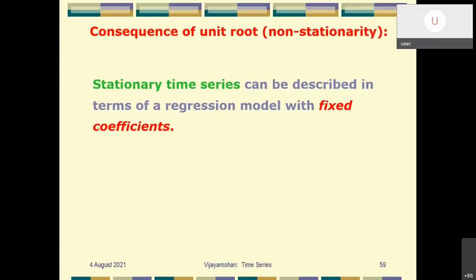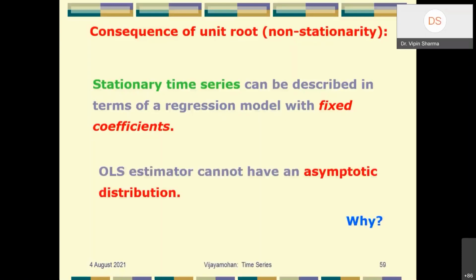Now let us see the consequence of unit root. Why non-stationarity is a problem in regression. Now we know that a stationary time series we can express in terms of a regression model with fixed coefficients. So the coefficients are to be considered fixed.